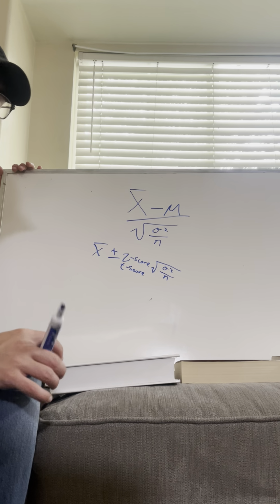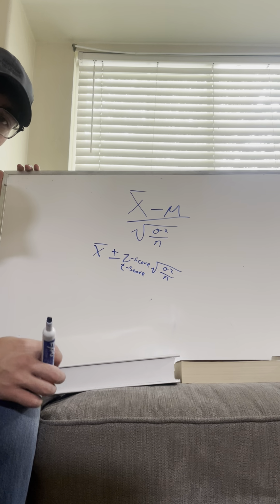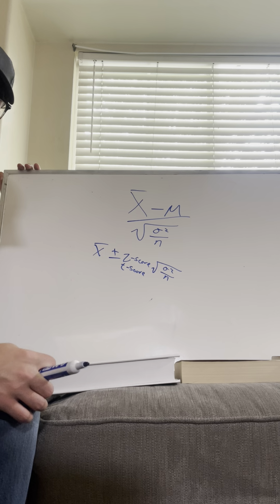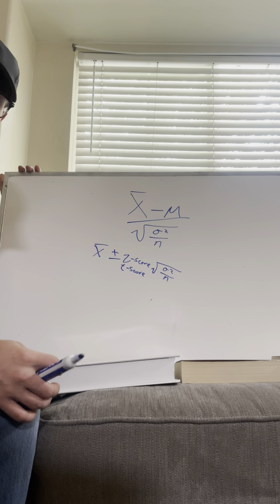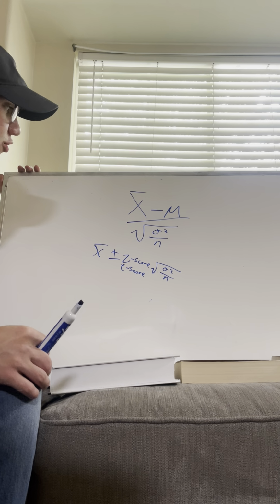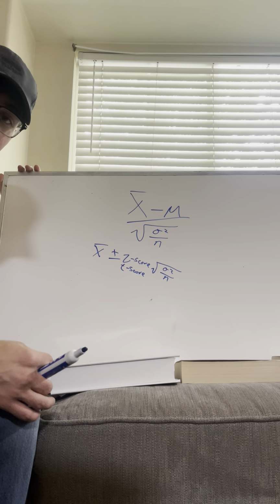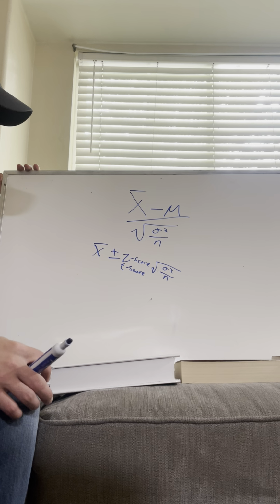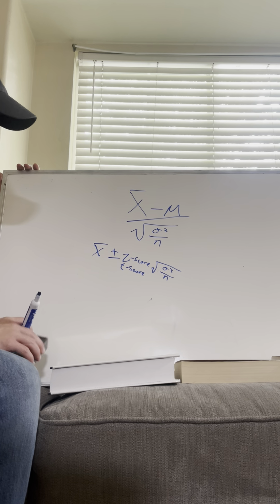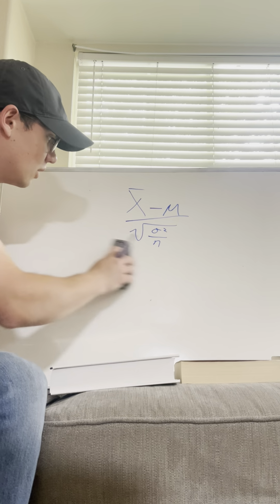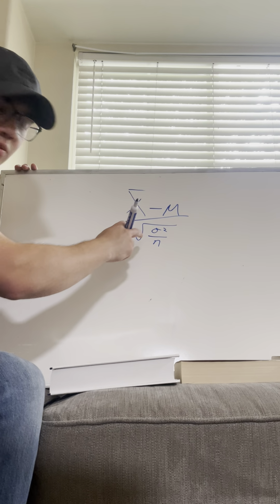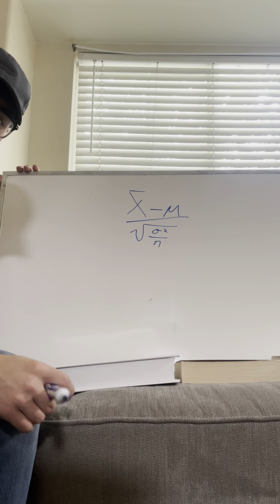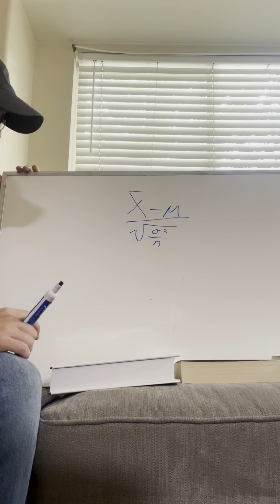And as we increase our confidence, we also have to increase the size of the interval, because in order to be more confident that the true population mean lies within that interval, we need a larger interval. So this is kind of the basics of a confidence interval. We have X bar, we have our standard deviation, and we have our sample size, but we don't have a mu.